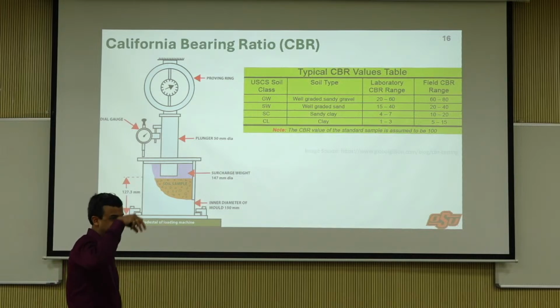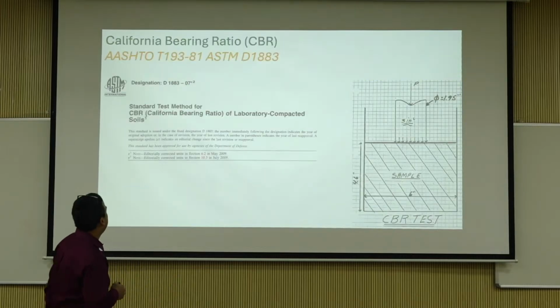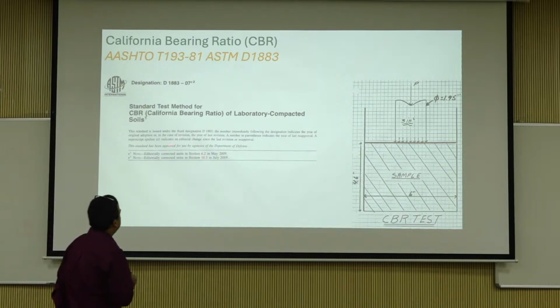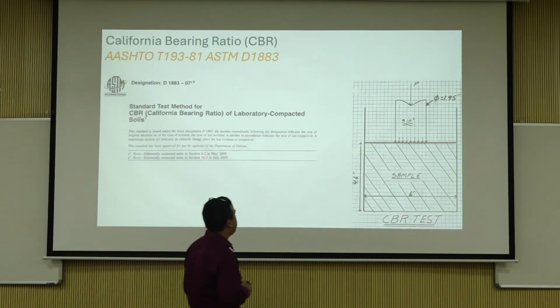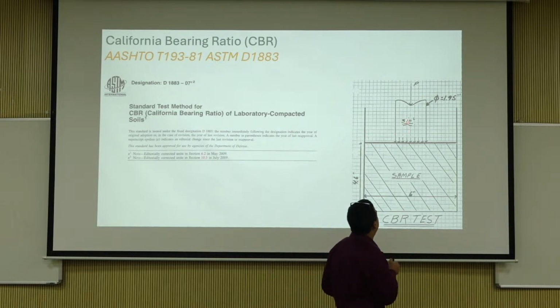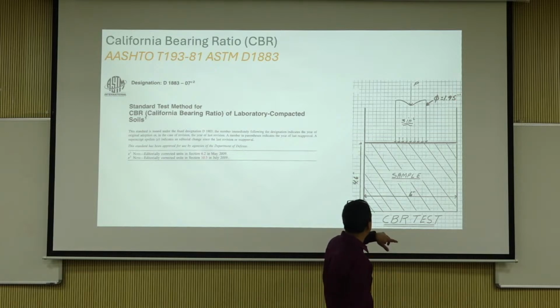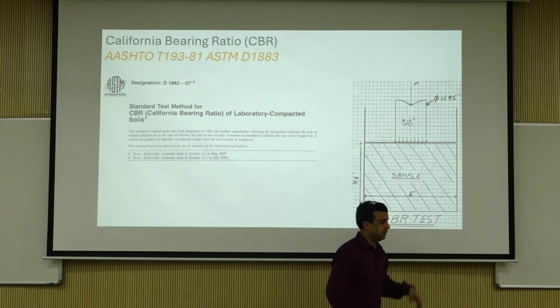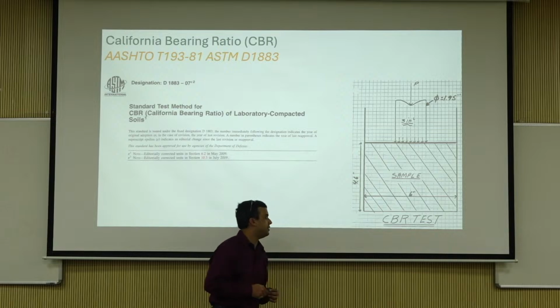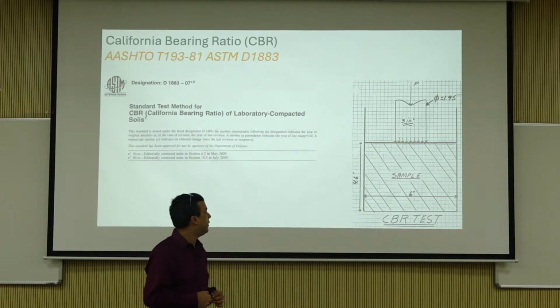You have an LVDT, and you just measure. The specification is 3 square inches of area, which is 1.96 inches in diameter. You can convert that into millimeters, and then you have a 6-inch mold or a 4-inch mold.